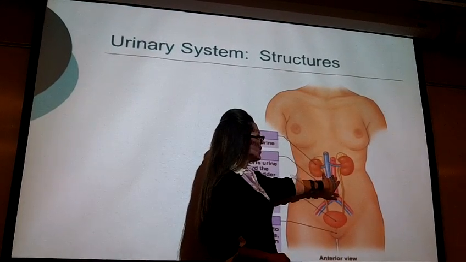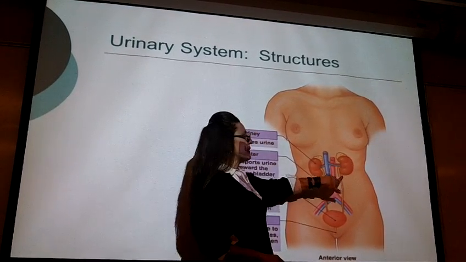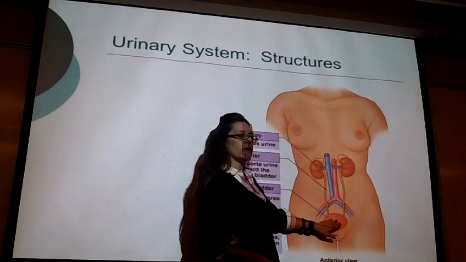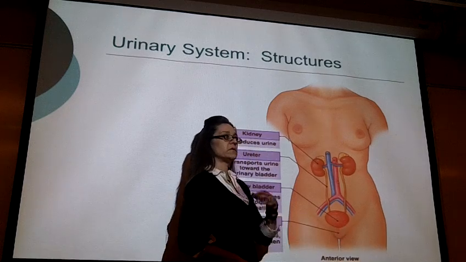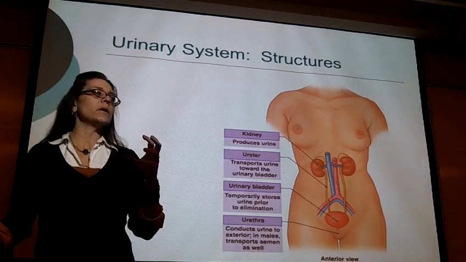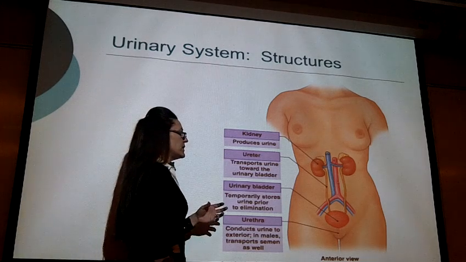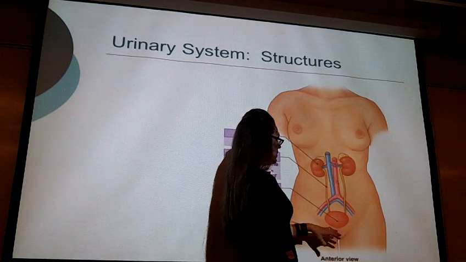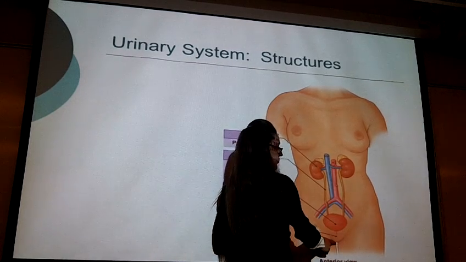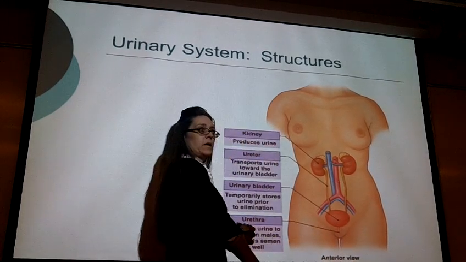The ureters are going to carry the urine that's produced by the kidneys down to the bladder, and the bladder is going to store that urine. And that's the only thing the bladder is doing, is storing that urine. And once we decide that we want to release or eliminate, then the urine is going to travel through the urethra and out the body.